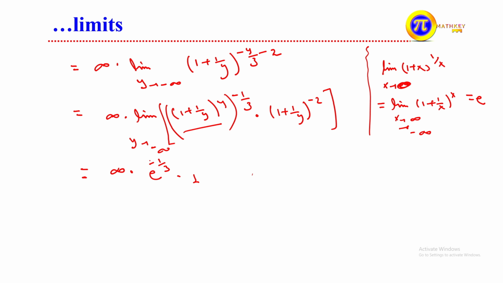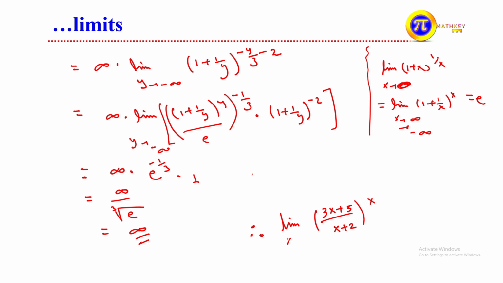So this is equal to e to the power of negative 1 over 3, which is positive infinity divided by the cube root of e, which is positive infinity. Therefore, the limit of (3x plus 5 over x plus 2) to the power of x as x approaches positive infinity is equal to infinity.